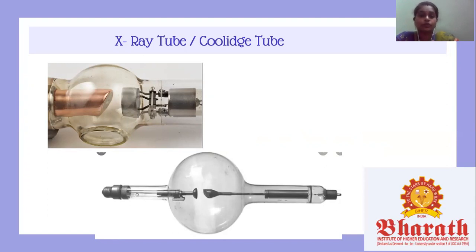The operation of the Coolidge tube is as follows: as the cathode filament is heated, it emits electrons. The hotter the filament gets, the greater the emission of electrons. These electrons are accelerated towards the positively charged anode, and when the electrons strike the anode, they change direction and emit Bremsstrahlung, that is the X-rays, with a continuous range of energies.